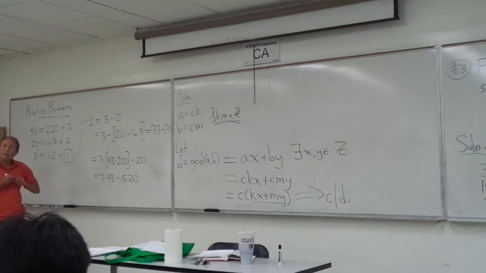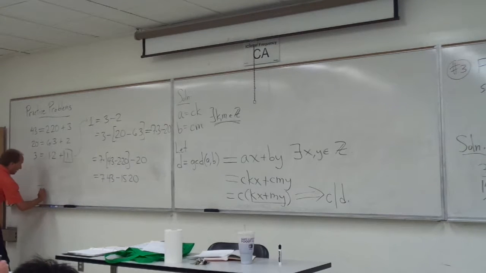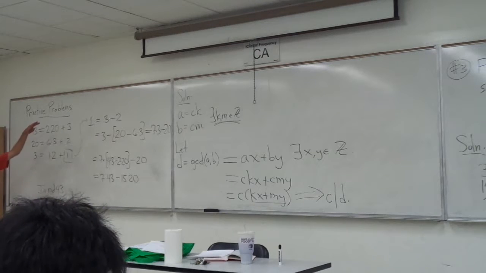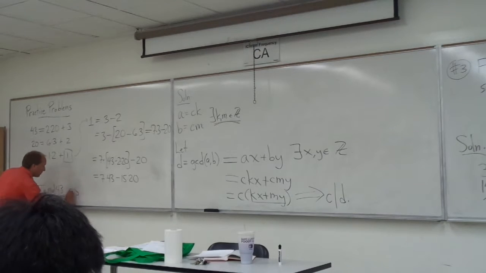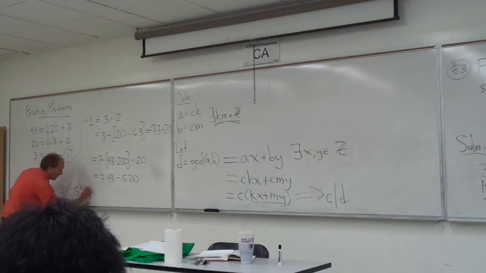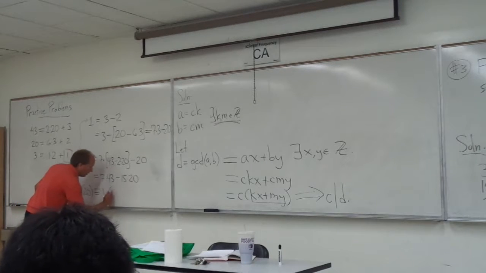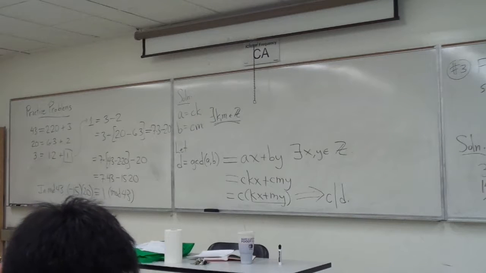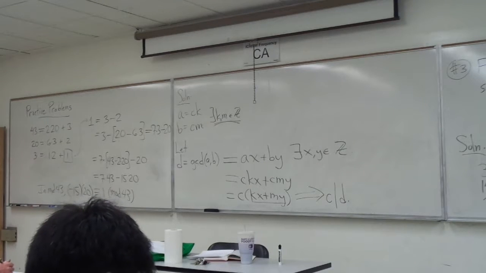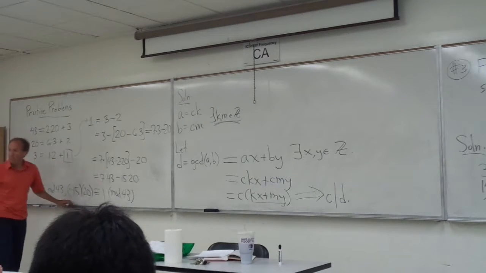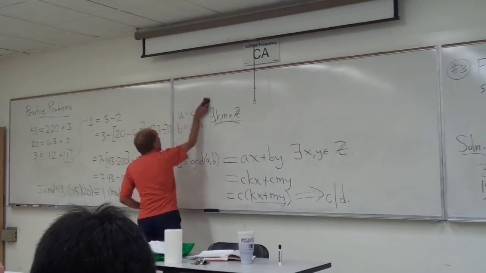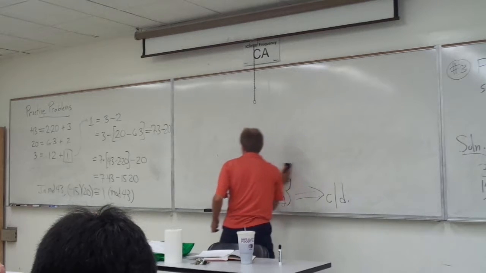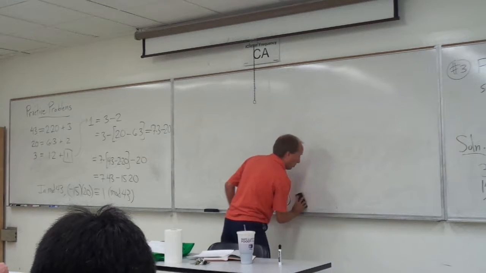The point, though, is that in mod 43, what this equation tells us is that negative 15 times 20 is congruent to 1 mod 43. So our magic inverse for 20 is negative 15. Okay. So that's the thing we want to multiply by.